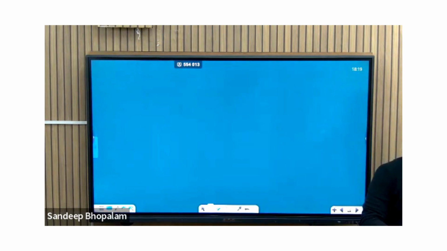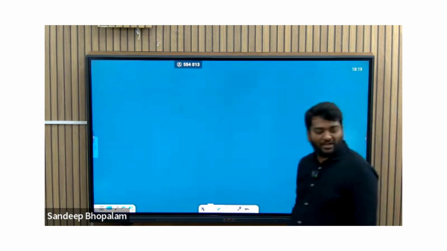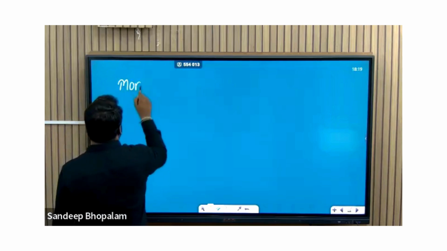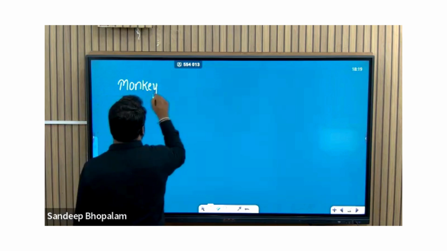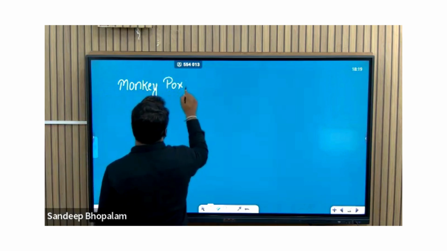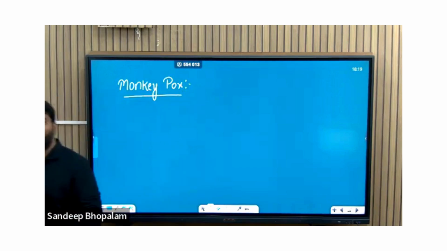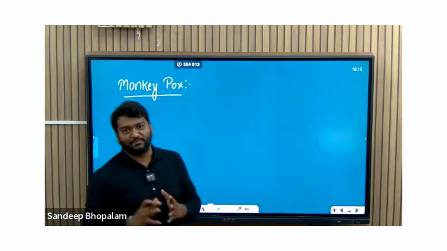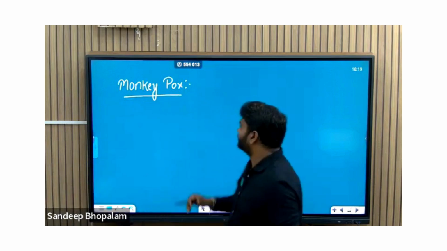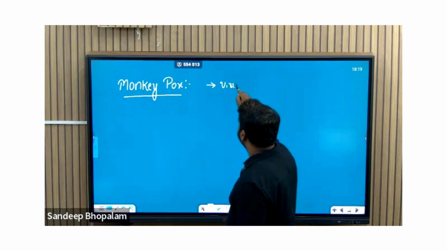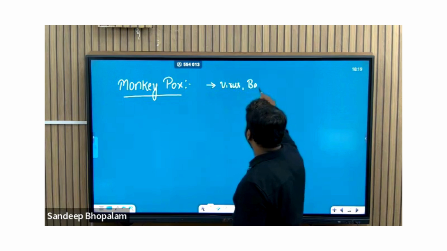Then, guys, a new disease that has come is monkeypox. See, guys, I don't want to get into biological aspects, but whenever any disease comes, what should you focus on? First, is it a virus? Is it a bacteria?